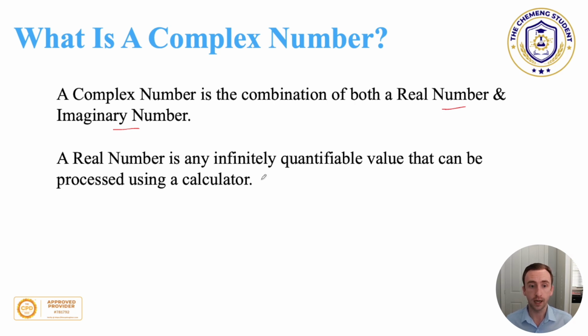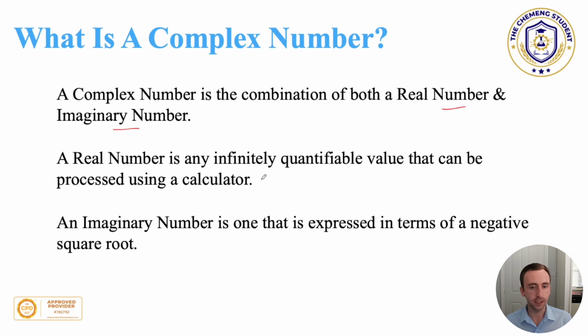Now a real number is what you have been used to since primary school, and a real number is any infinitely quantifiable value that essentially can be processed using a calculator. Whereas an imaginary number is one that is expressed in terms of a negative square root. Now we need to further understand what an imaginary number is and how these two relate to creating a complex number.